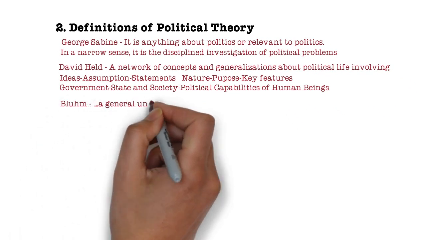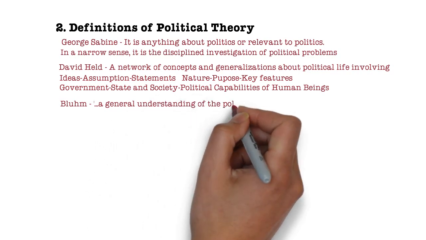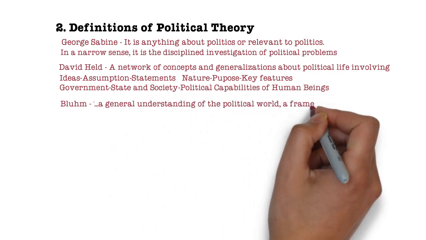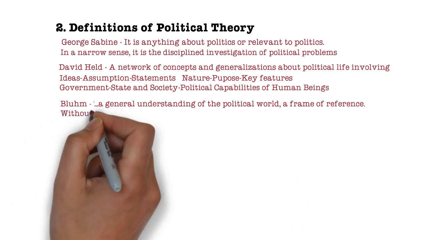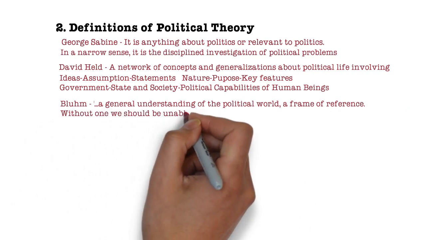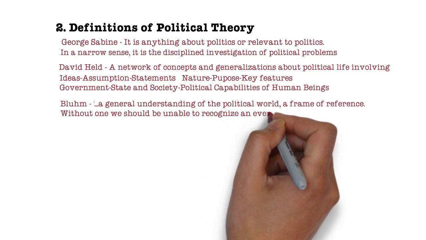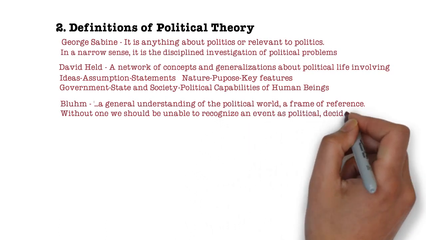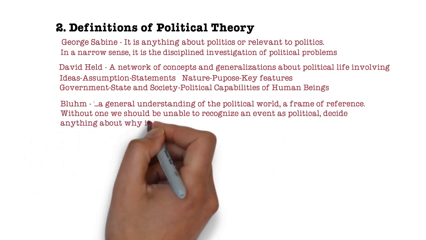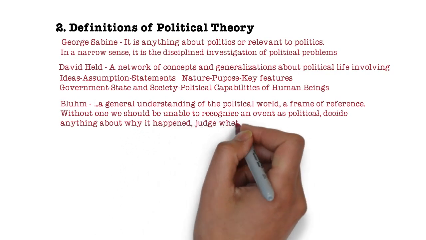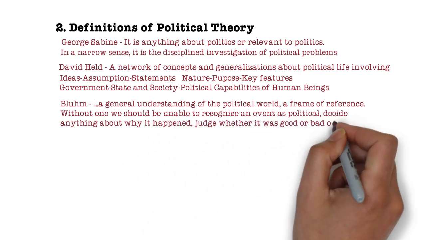Bloom defines political theory as a general understanding of the political world, a frame of reference. Without one, we should be unable to recognize an event as political, decide anything about why it happened, judge whether it was good or bad, or decide what was likely to happen.